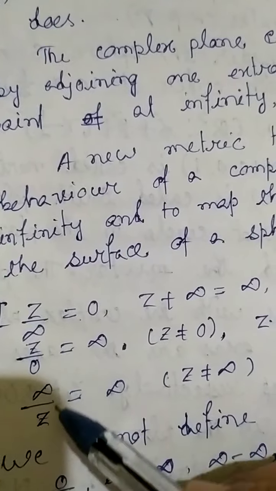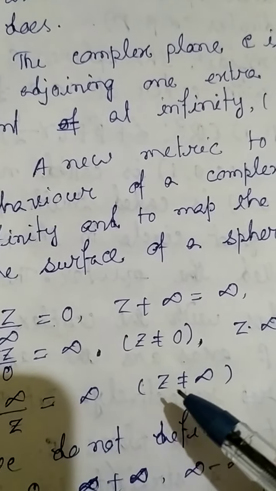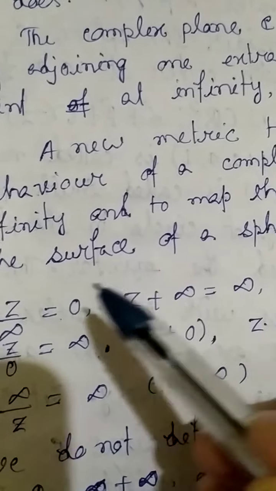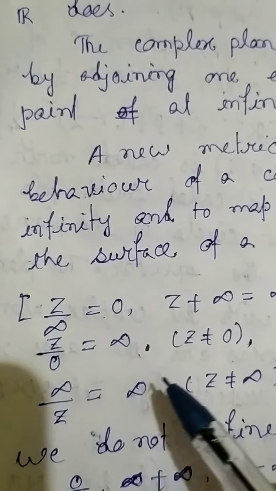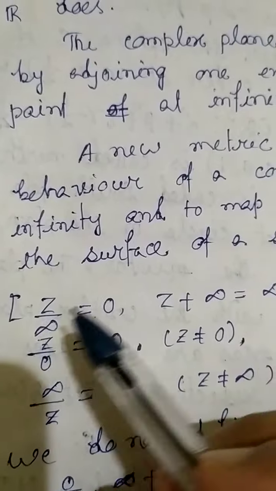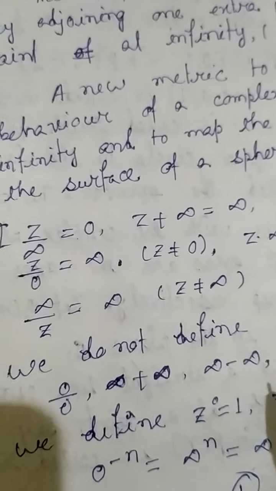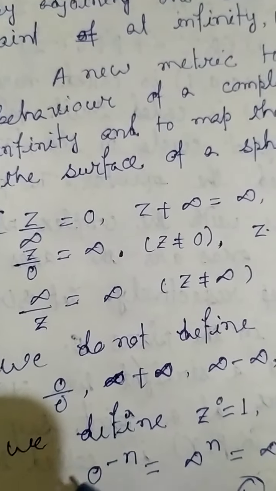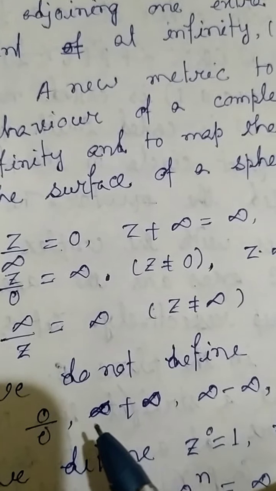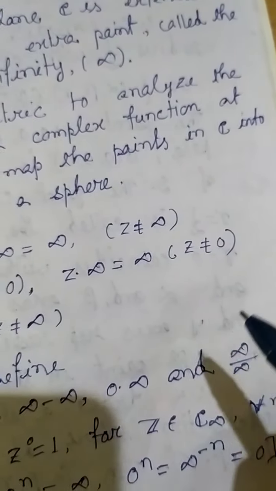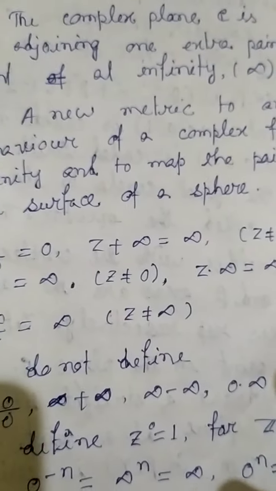So we have this type of concept for infinity, but we don't have it for 0 by 0, infinity plus infinity, infinity minus infinity, 0 into infinity, and infinity by infinity. We don't have this type of concept.